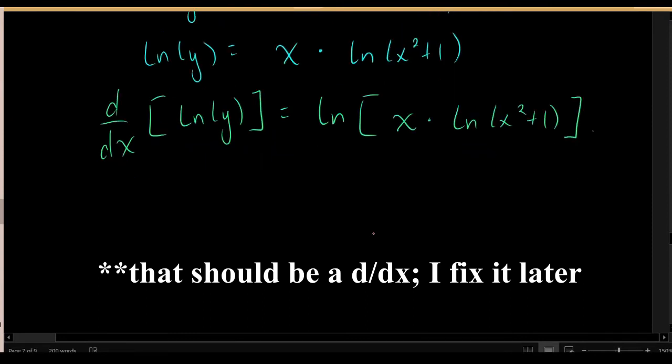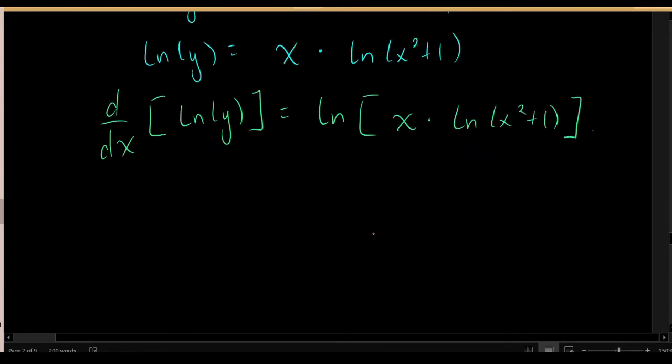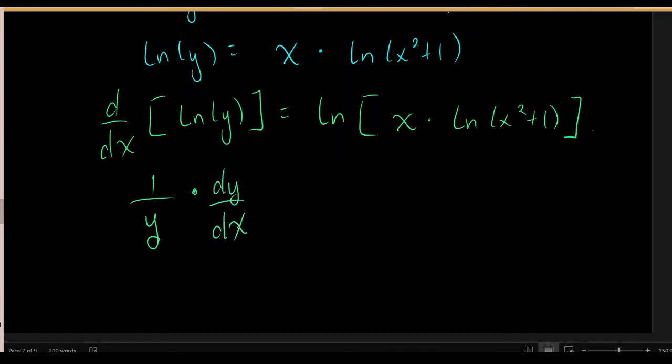Now on the left side, we can use the shortcut formula for the derivative of natural log of something. The derivative of natural log of something is equal to 1 over that something multiplied by the derivative of that something. Whoops, I made a typo here, folks.